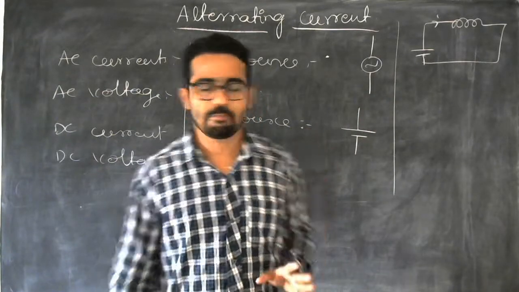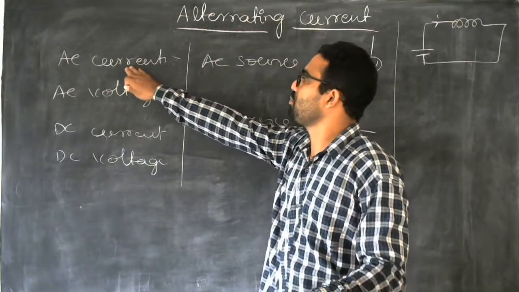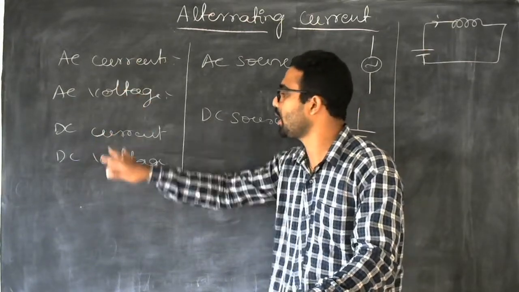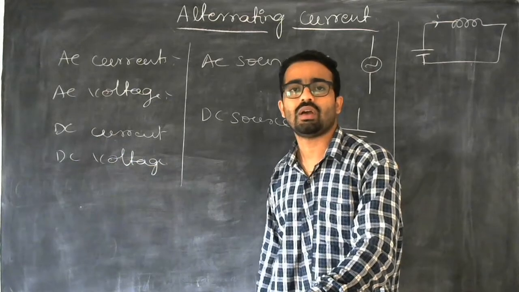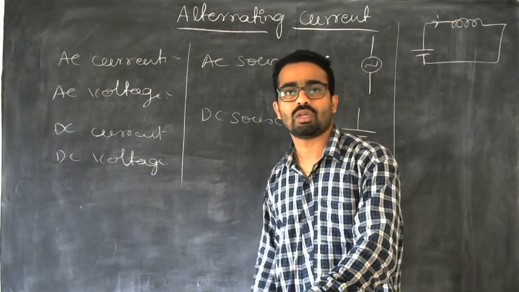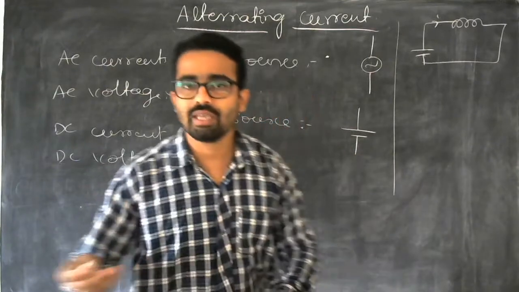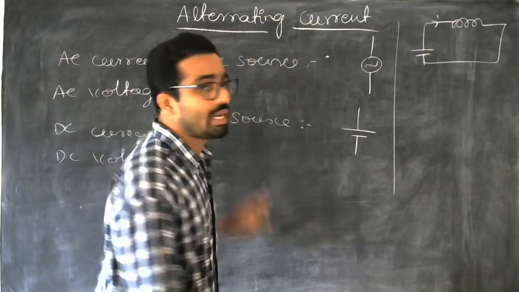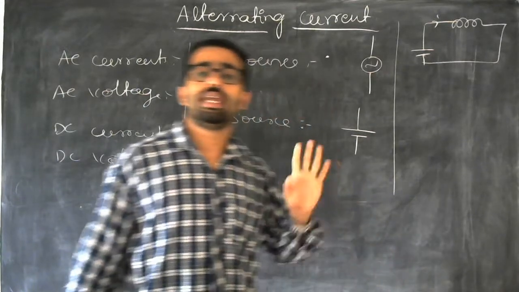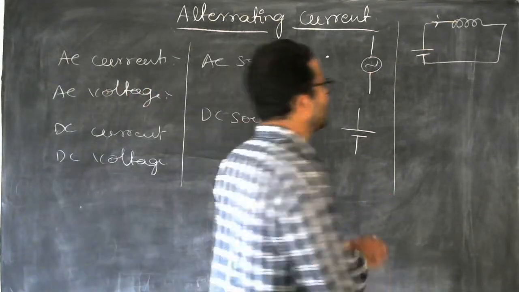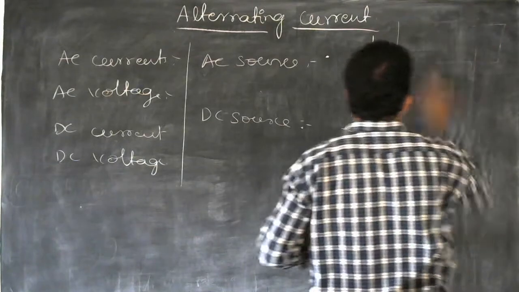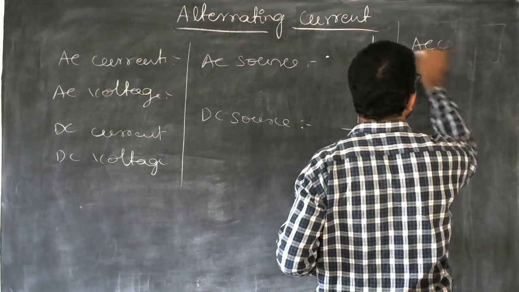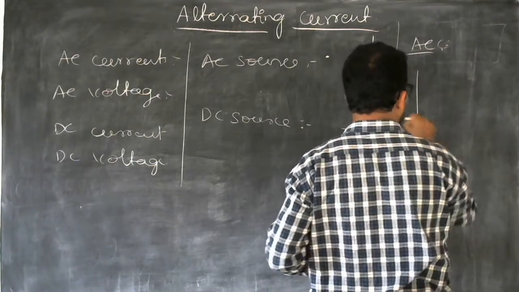In a similar way, we can represent the variation of AC current and AC voltage, as well as DC current and DC voltage, with the help of a graph. So this is a graphical representation of DC current and DC voltage, AC current and AC voltage. Let's see that. Graphical representation of an AC signal.